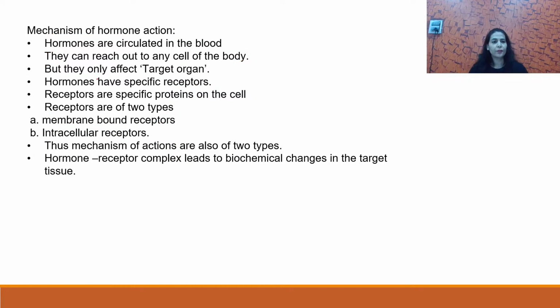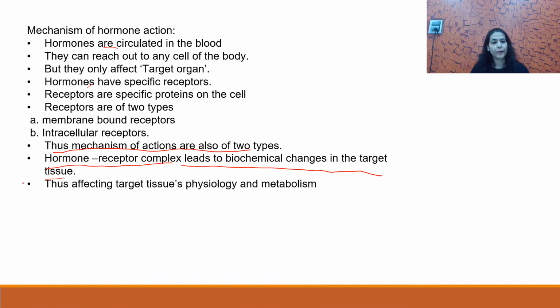The hormone receptor complex leads to biochemical changes in the target tissue, thus affecting the target tissue's physiology and metabolism. So hormones change the physiology and metabolism of the target tissue. All right, we'll go back to the slide.